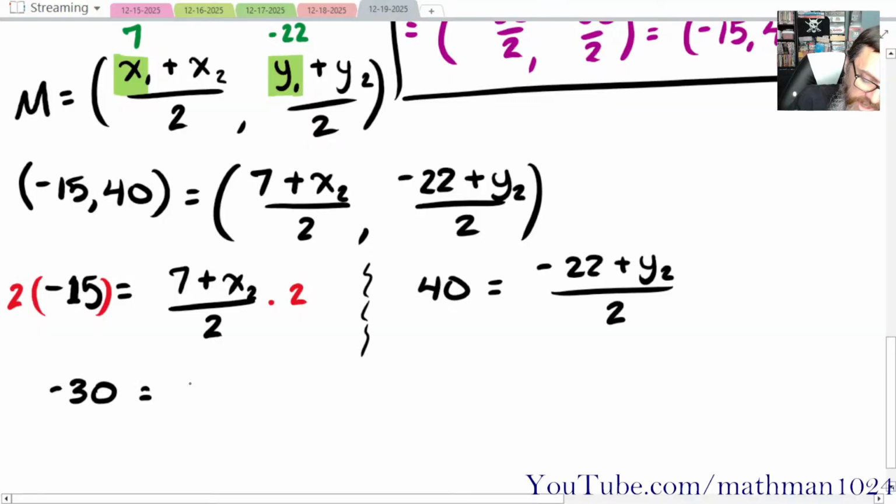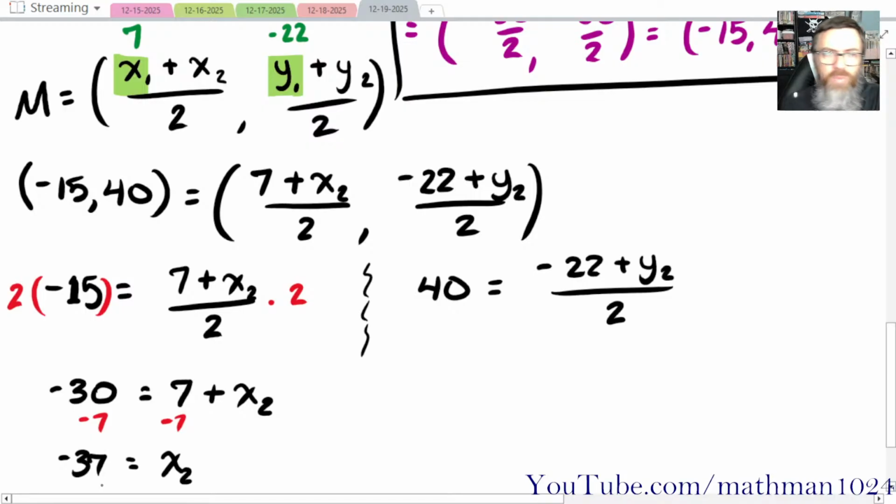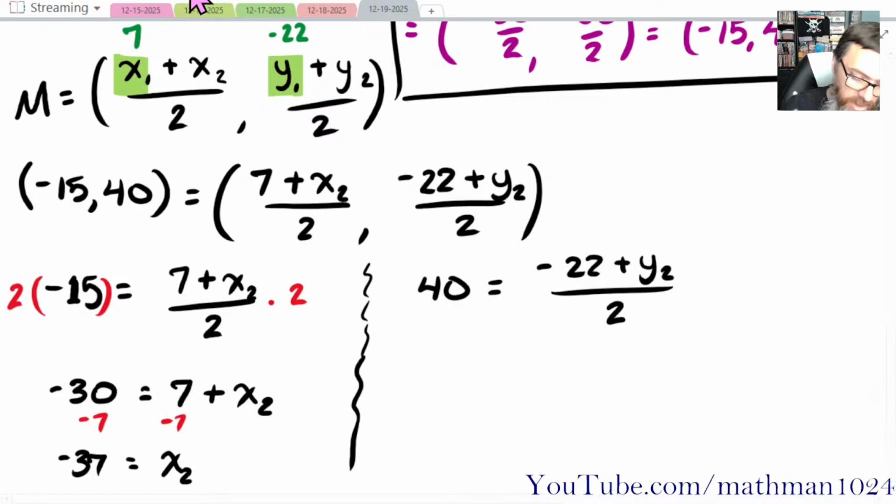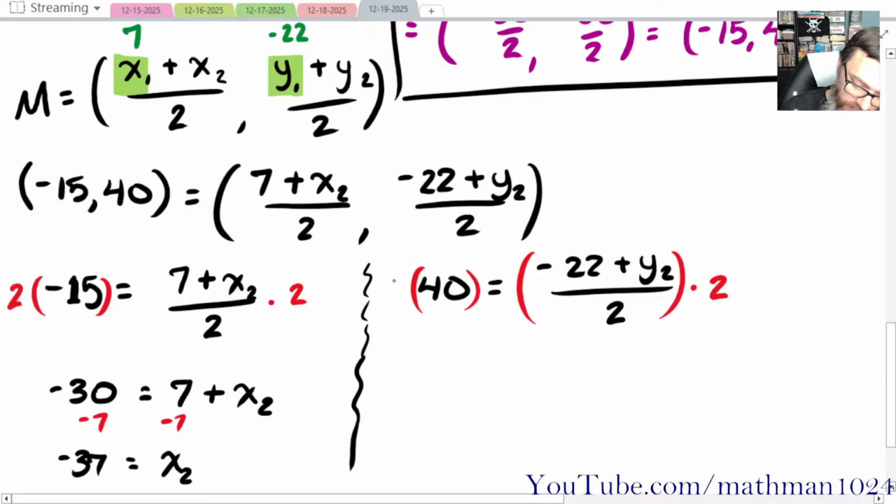So negative 30 equals 7 plus x2. Subtract 7, and wouldn't you know it, we end up with negative 37, which is what we had the first time. Now, we do the same thing over here, so multiply 40 times 2, we have 80 equals negative 22 plus y2, because these factors reduce away.